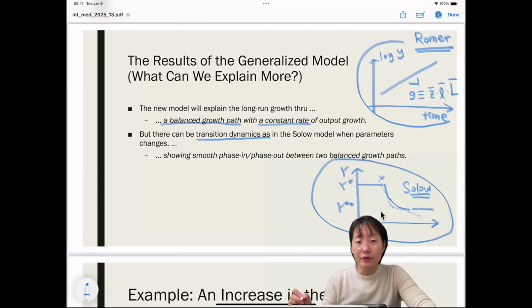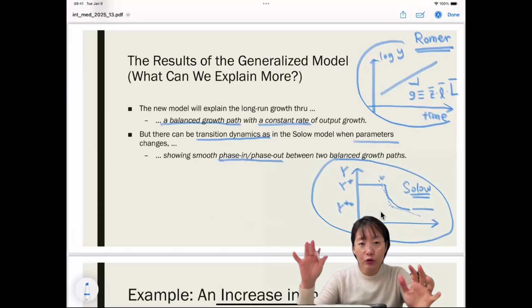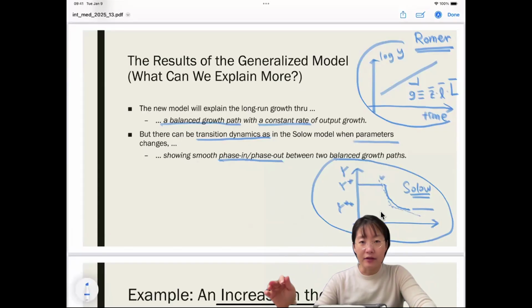And this kind of transition dynamics will be observed in this new model as well, because it is a combination of Solow and Romer. So if there is a change in parameters, then the economy will show smooth phase in and phase out between two different balanced growth paths.